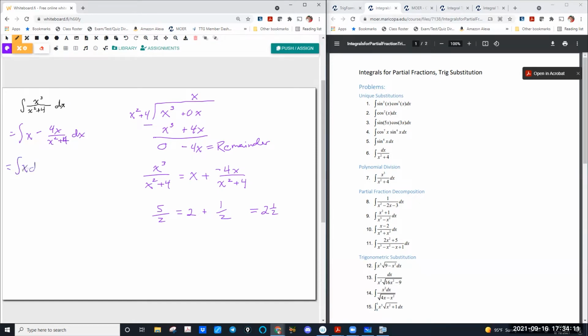So I'm going to do an x dx, which is a nice easy one, minus, I'm going to pull the 4 out because it's a constant, x over x squared plus 4 dx. Guys, this is a u-sub. This is one of our fairly basic u-subs. So let's do this guy. X squared over 2. Nice and easy. Actually, not. This one, our u, we're going to let be x squared plus 4.